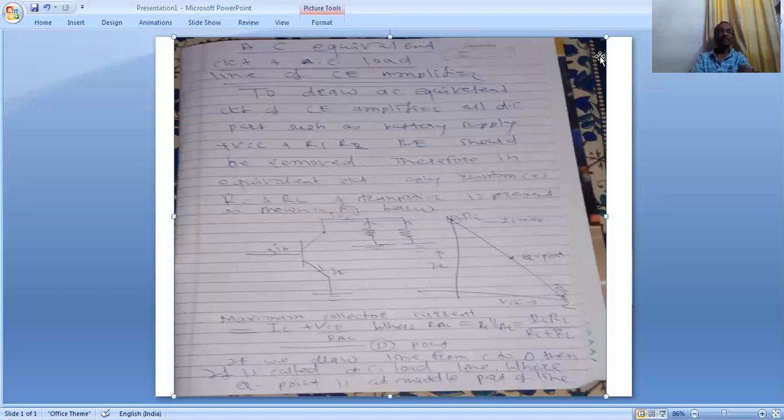Just like that, here are the two extreme points, IC equal to 0 and IC equal to maximum, and in between them we have drawn the AC load line.